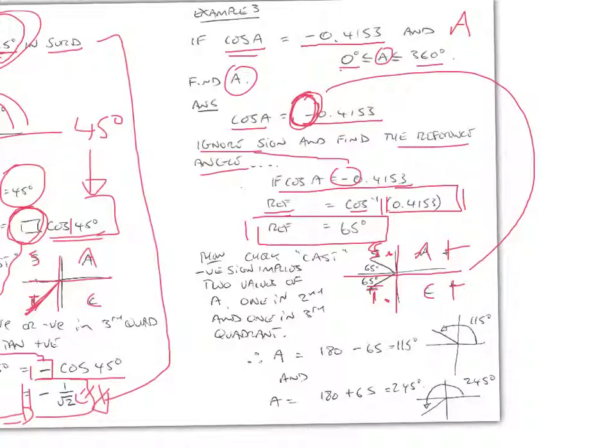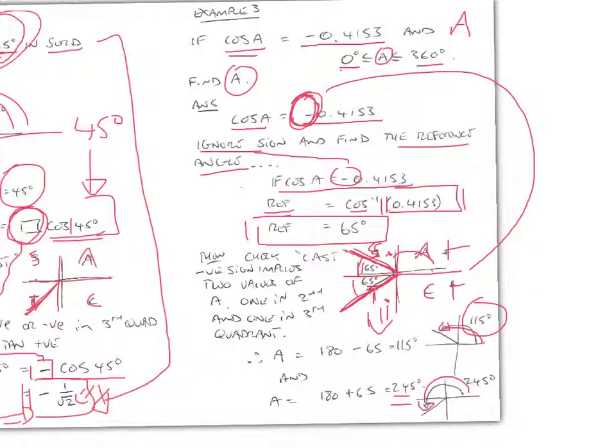So our reference angle is in the second quadrant and the third quadrant, okay, 65 and 65. So the angle A that we're looking for is actually two angles. The first angle is to here, it's 180 minus the 65, it's 115, and the second angle is 180 plus the 65, is 245 degrees.